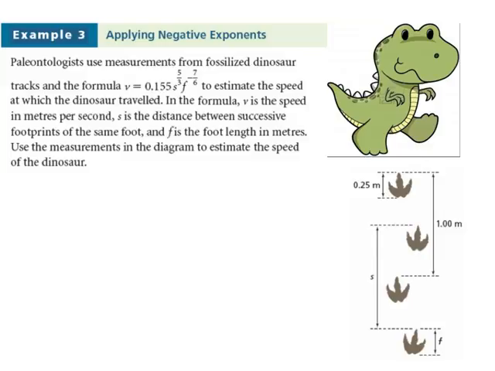So let's take a look at the corner picture. We know that 0.25 meters is the value of our F, the foot length, while the distance of 1 meter is the distance of the successive steps. So let's take those values and put them into our velocity formula. 0.155, and s is 1 to the power of 5/3.